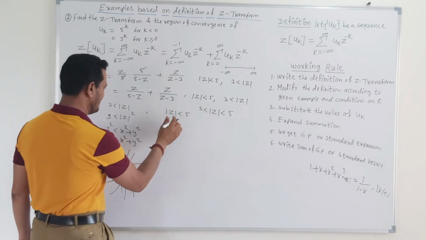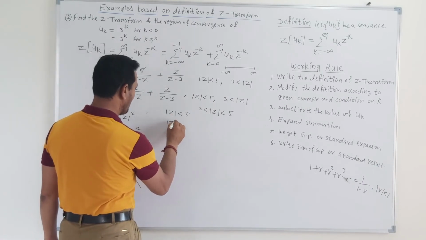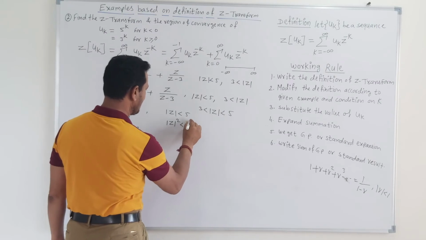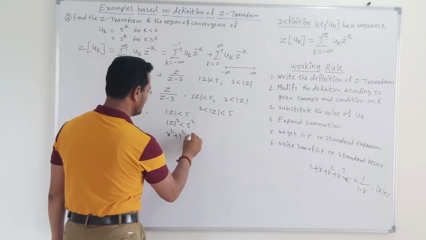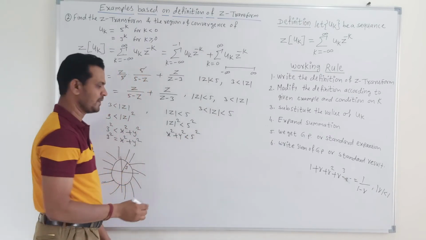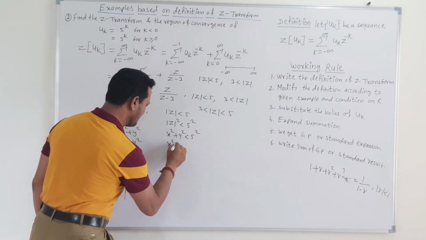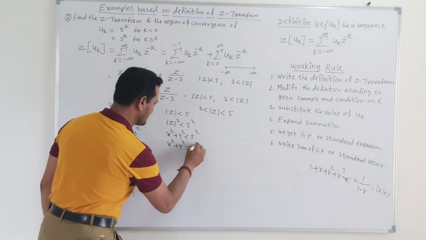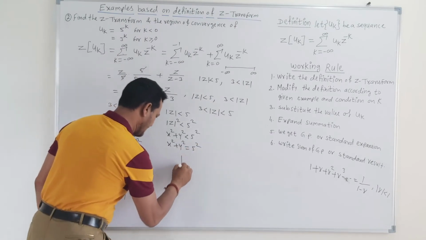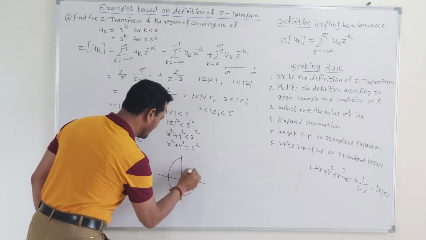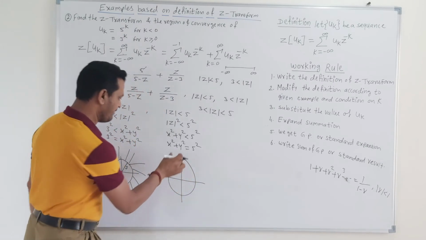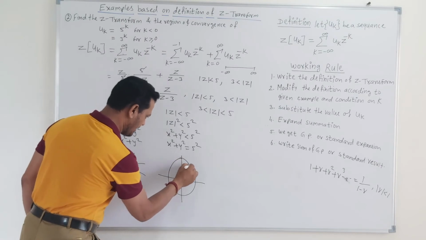If we simplify this, we get mod of z square is less than 5 square. That means x square plus y square is less than 5 square. If we put the equal sign, we get x square plus y square equal to 5 square. Then if we draw the figure corresponding to this, we get a circle having center at origin and radius 5.